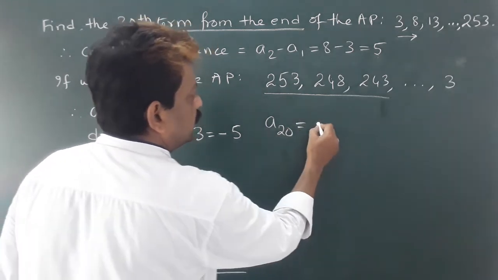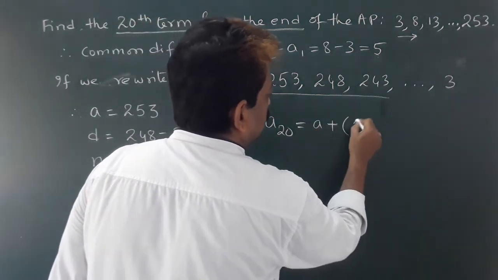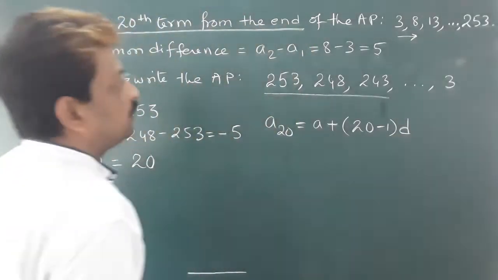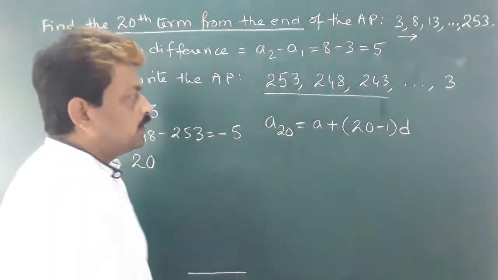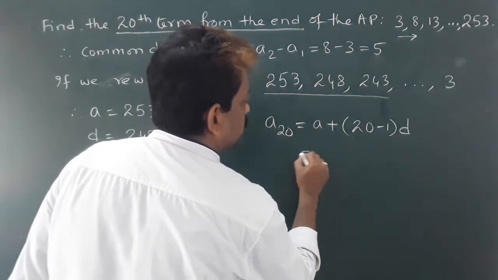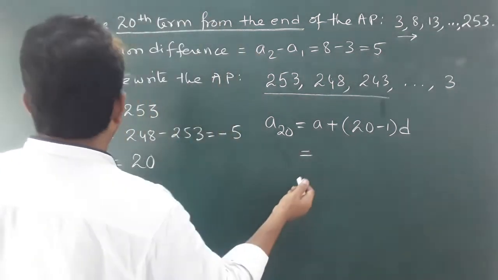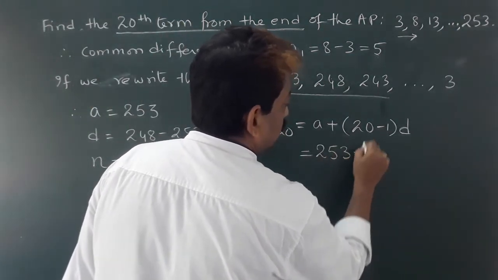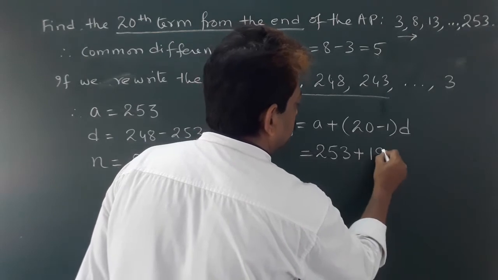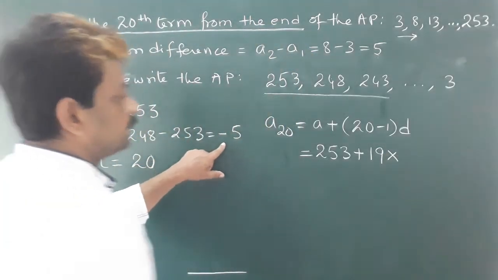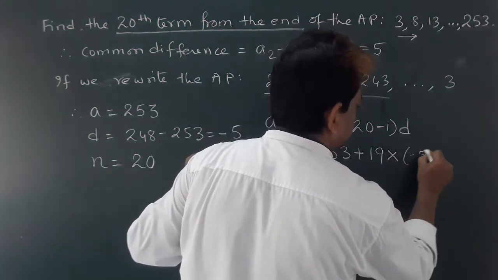So a20 equals a plus (20 minus 1) d, based on the formula a_n equals a plus (n minus 1) d. n is 20, a is 253, 20 minus 1 is 19, and d is minus 5.